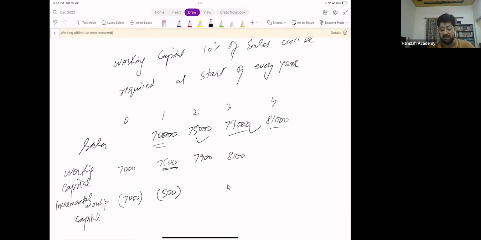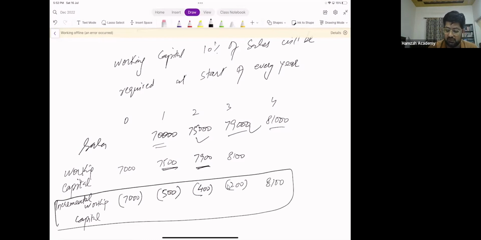Next, 7,900 required, so 400 outflow. Then 200 outflow. Total outflow so far is 8,100, and all will be recovered in the final year. Note it down. All 8,100.